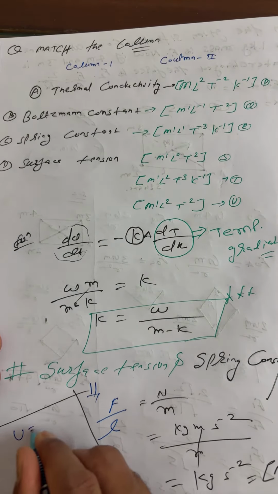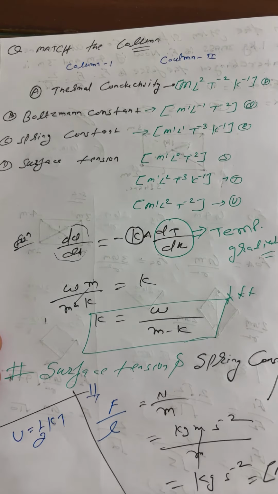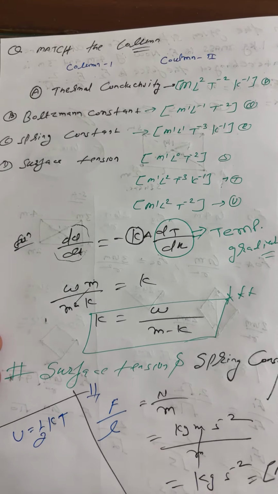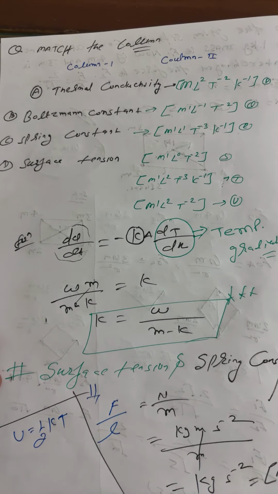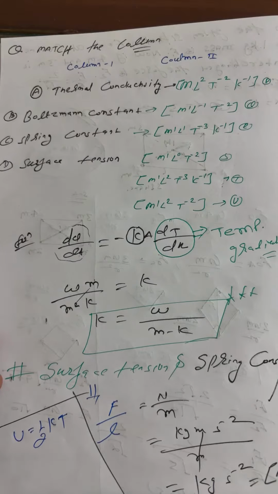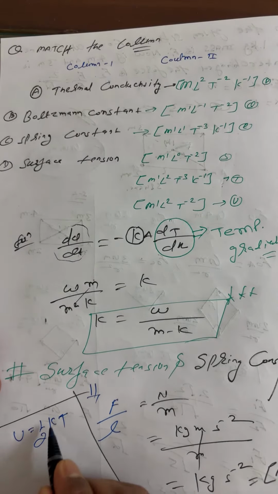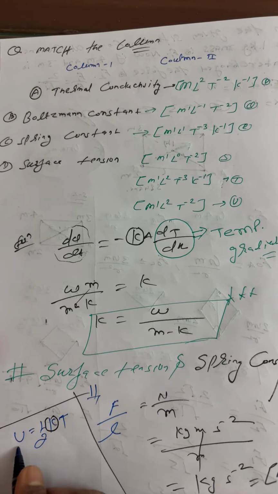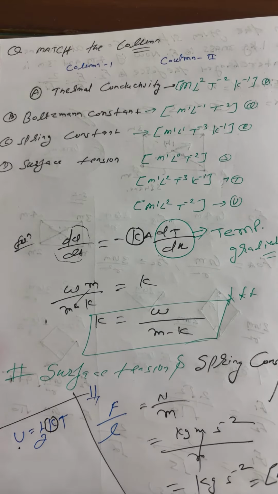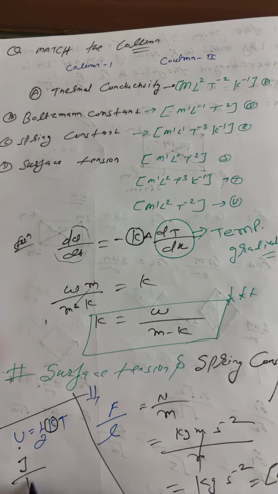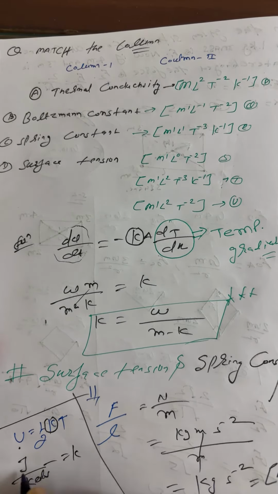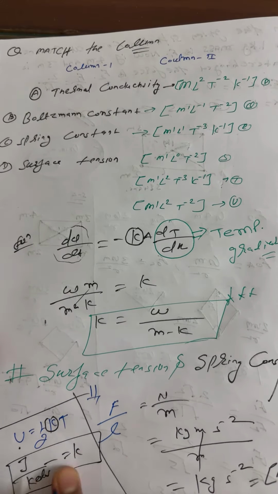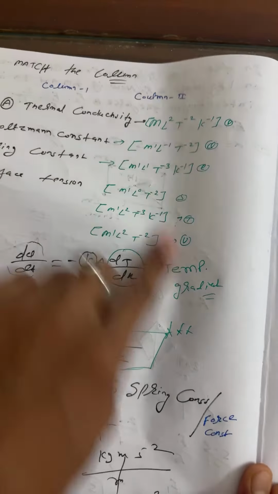You can say U is equal to half of kT. Then we use it to find k, the Boltzmann constant. U is energy, and the energy unit is joule only. So joule per Kelvin is the unit of k. From this you can calculate further, and you will get the answer among the options.